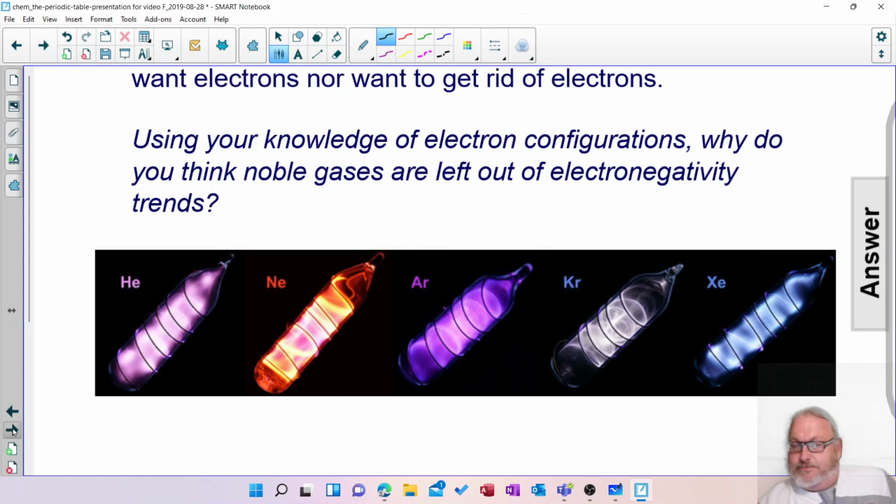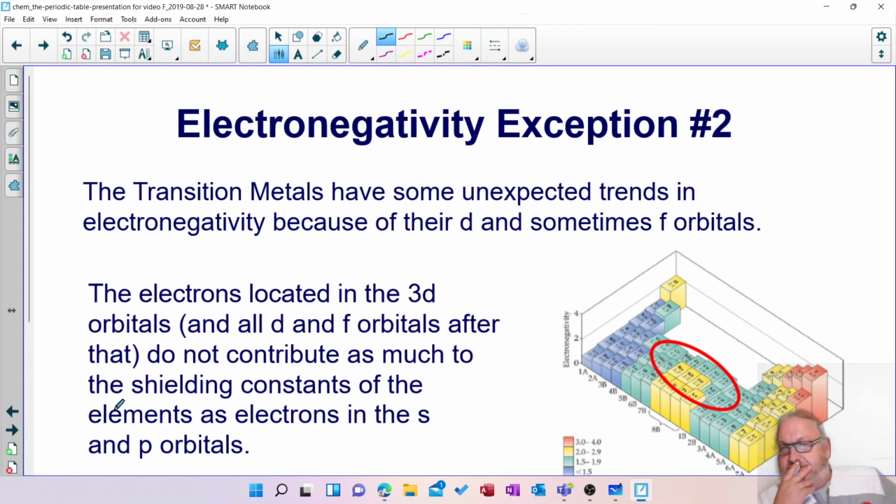Here are some other exceptions. The transition metals and inner transition metals have some weird trends. Why? Because when you're dealing with transition metals, you're talking about those inner d orbitals and f orbitals. On period 4, when we go to the transition metals, we're going to the d subshells.